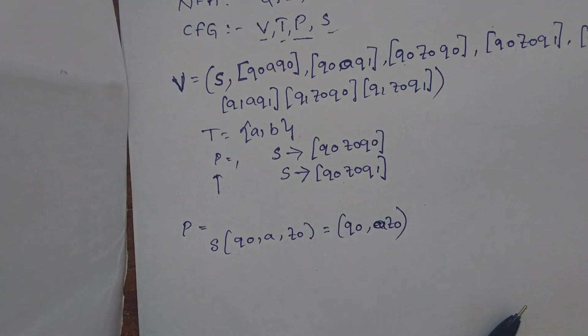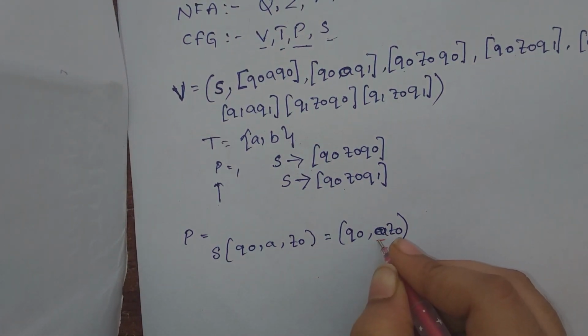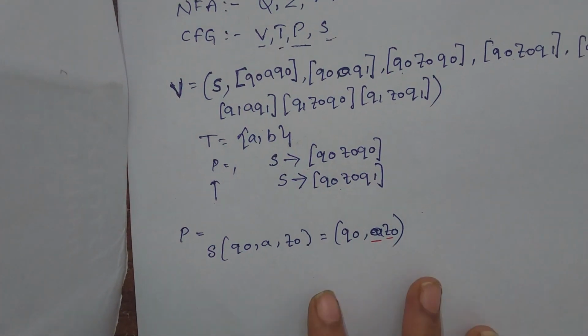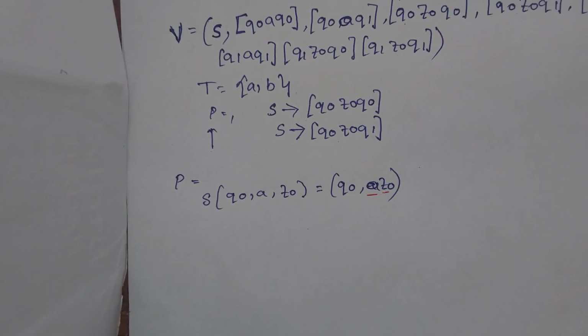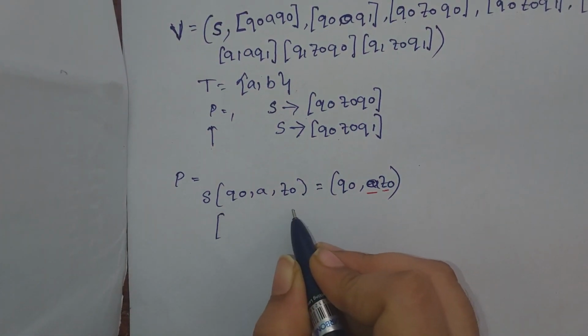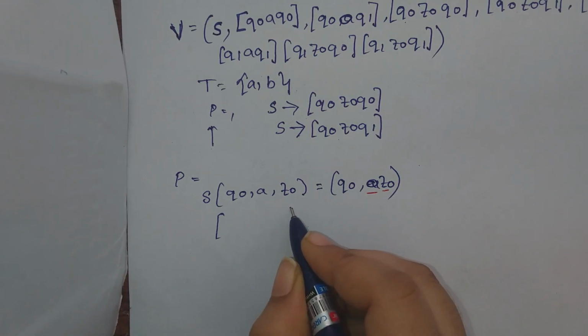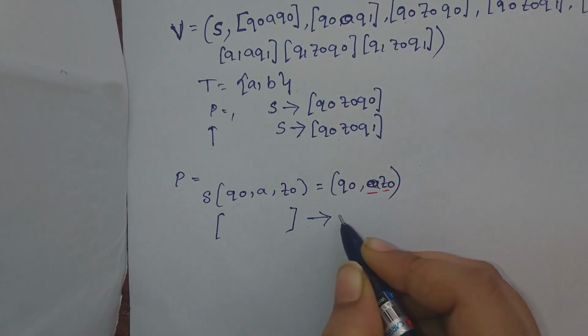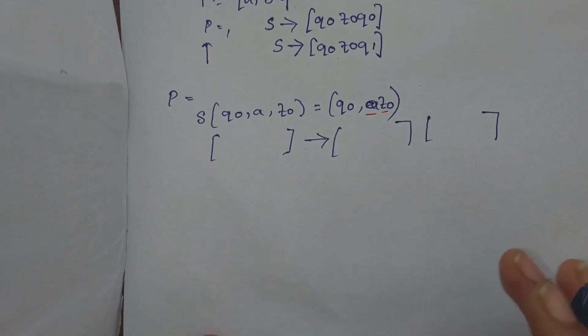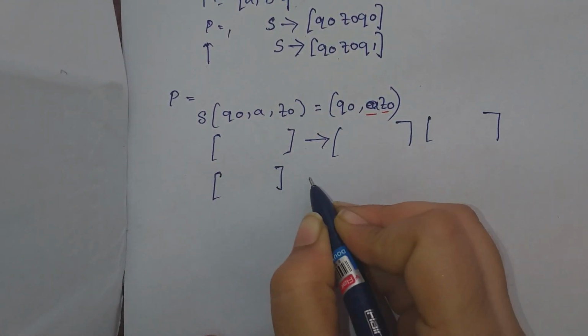Now here we have two symbols, A and Z naught. The length of this is 2. So we'll get 4 states, or we'll get 4 steps for this. If we have two symbols, we'll get 4, which is 2 power 2.